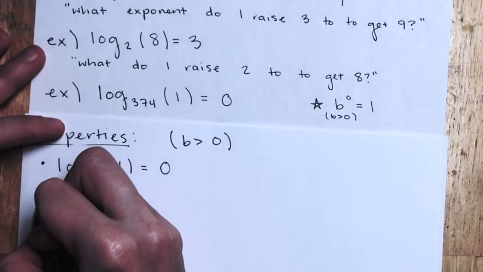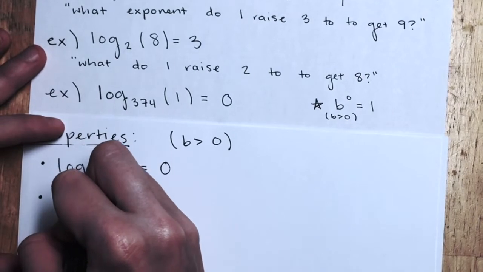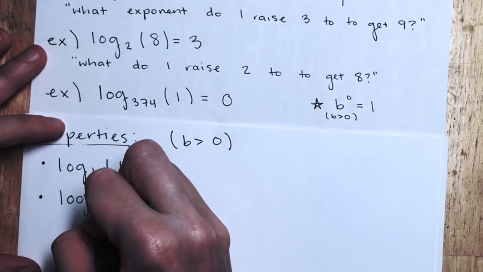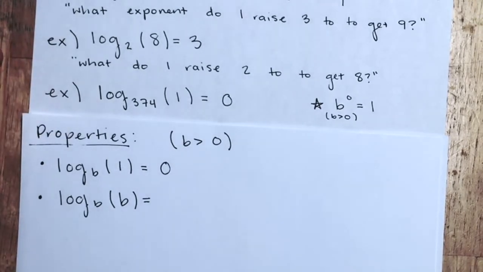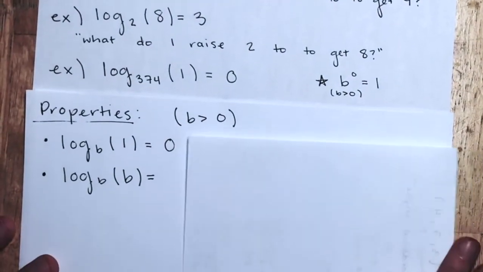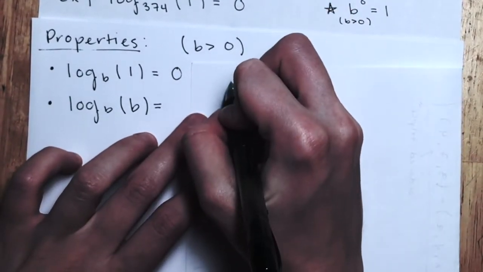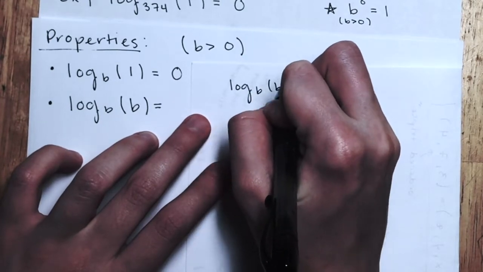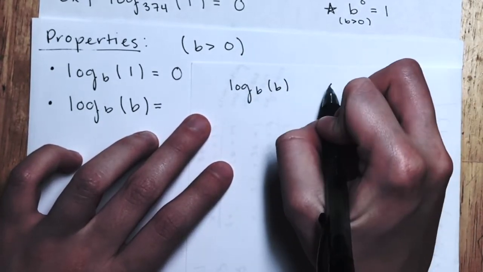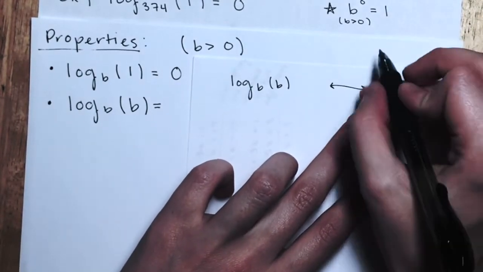All right, another property that we have, we know that log base b of b. So what's that going to be? Let's think about what log base b of b is, thinking about the exponential form of this.